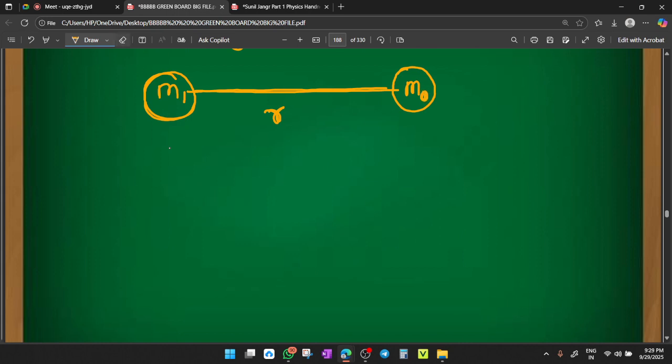The first pole is small m. Consider it small m. The name of this pole can be taken as the source pole, and M naught can be taken as the test pole.